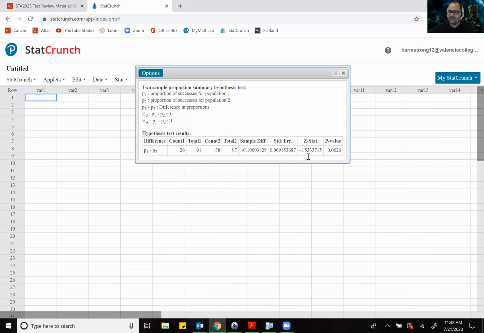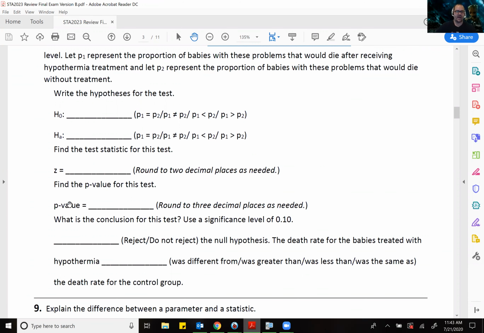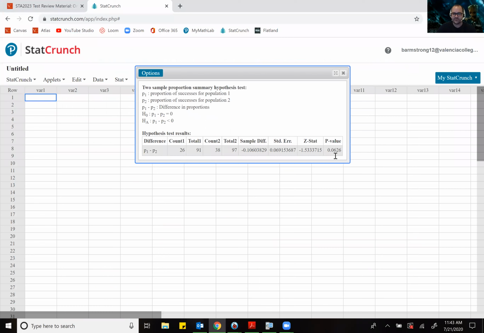So there is our Z. And then I believe the next thing it asks for is give us our p-value, 3 decimal places. So we go back. Here is the p-value, so that will be 0.063. Okay.